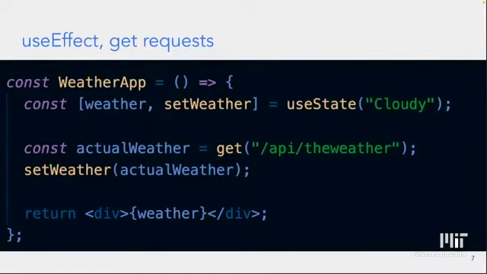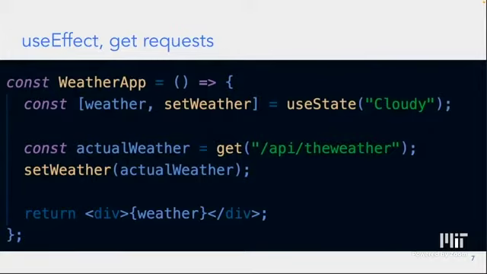But there's a problem with this, and this problem is something that Vincent alluded to in his lecture. And the problem is this get function takes time to do its stuff. Like it needs to go to the website where it has the weather, or it needs to go to the server where we get the weather from, get that information, and then bring it back here. And that all takes time.